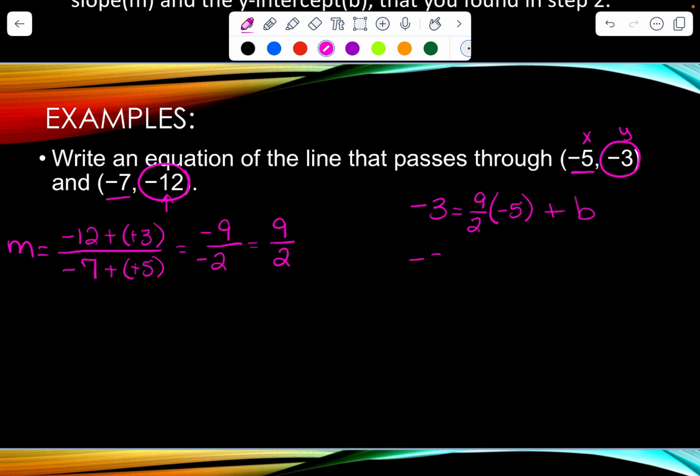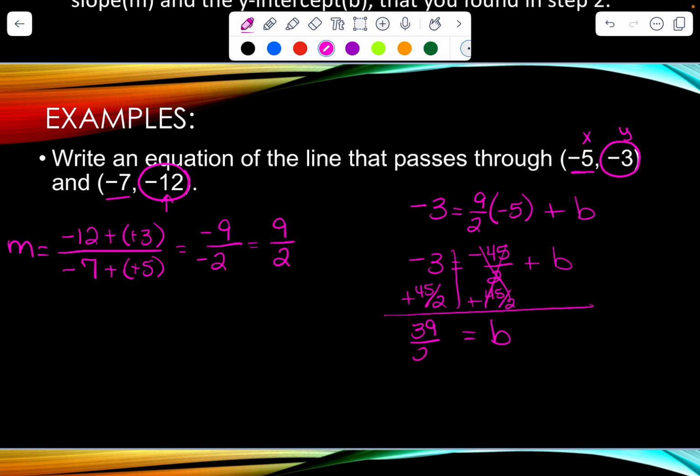So that's going to get us negative 3 equals negative 45 over 2 plus b. Now I add 45 over 2, and that's going to get us positive 39 over 2 for b.